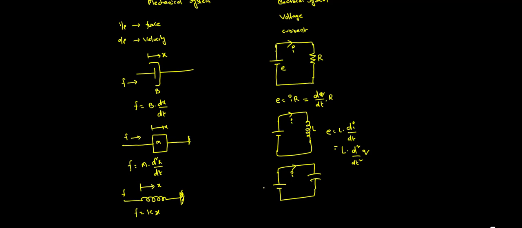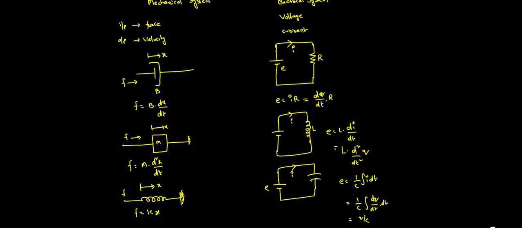Here the current is I and the voltage is E. So E is equal to 1 by C integral I dt. I is equal to dq by dt, so the integration and differentiation cancel, and finally you will get only q by C. That is how you can write the equations in this analogy form.